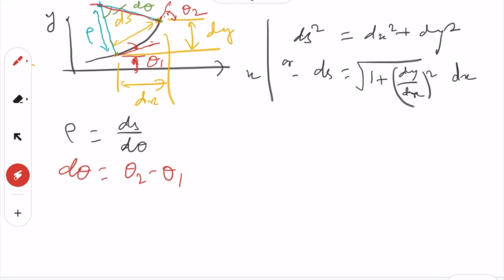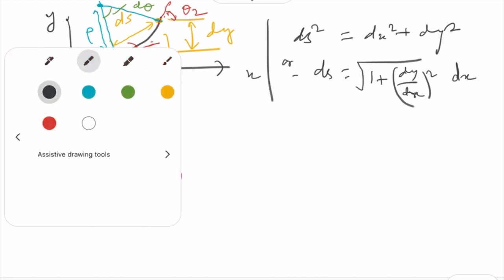The angle between the two will be simply this minus this only. So we can also draw like this, right? From here, if we draw parallel to this one, then from here we can measure.